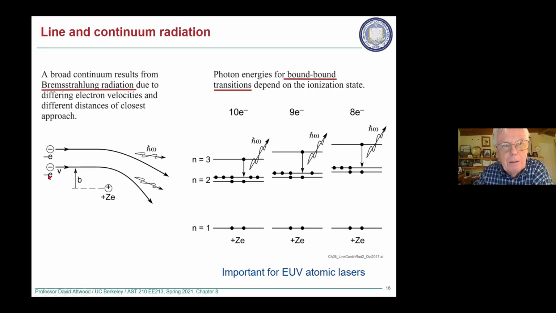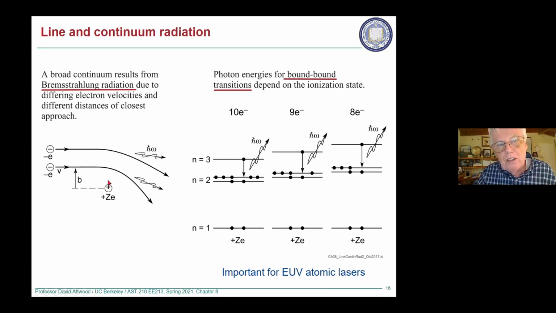And then there'd be random electrons coming around in all directions. And here's one coming in, an electron with a certain velocity, and it feels the Coulomb attraction of this heavy ion, charge +4 in this case, and it's pulled towards it this way. So there's an acceleration here. If the acceleration is this way, think about that dipole radiation.